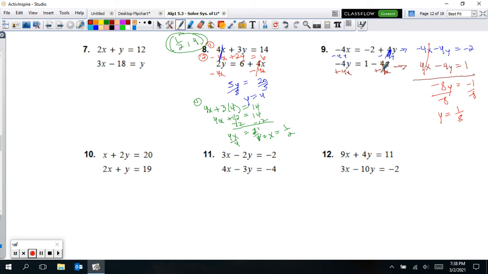And it doesn't really matter which one I choose. I'm going to choose equation 2, my original equation 2. I could choose one of these two equations also, so it doesn't make any difference. I'll just choose this one right here. Again, any equation would be fine.